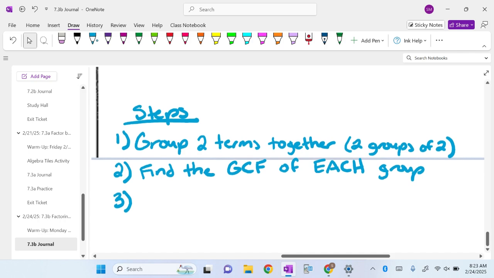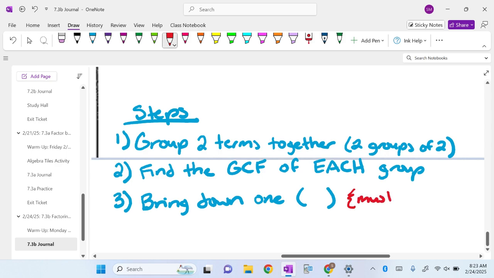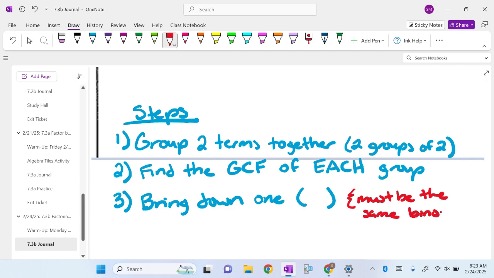And then the last step is to bring down one of the bubbles, so one of the parentheses, and make a note that they must be the same binomial in order to do it.